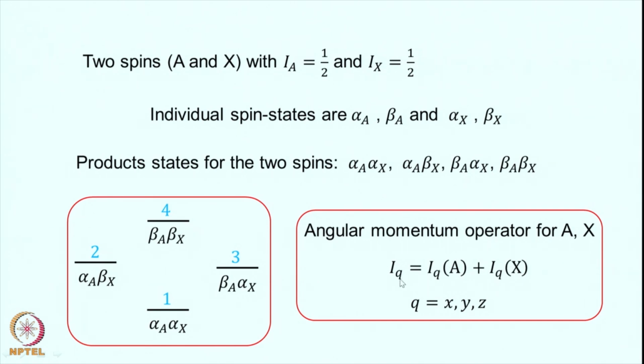So Iz for 2 spins will be Iza plus Izx, Ix for the 2 spins will be Ixa plus Ixx, and Iy for the 2 spins will be Iya plus Iyx. In abbreviated notation we write IQ is equal to IQA plus IQX, where Q changes from X to Y and Z.